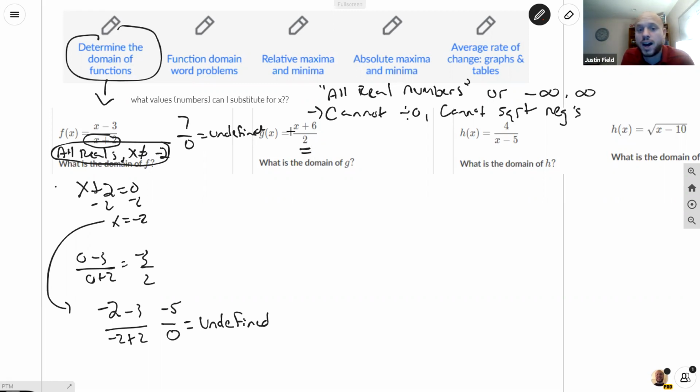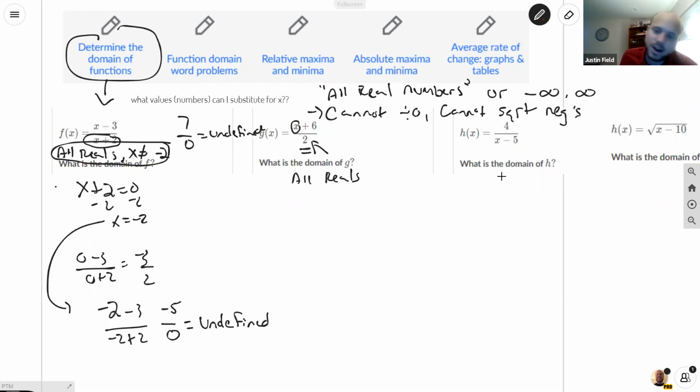So no matter what value you substitute in for x, x is only on the top, so you can't make this one have a 0 in the bottom. It will always have a 2 in the bottom. So the domain of g is all real numbers, or all reals. That's what the cool people say, right? The cool people being me.